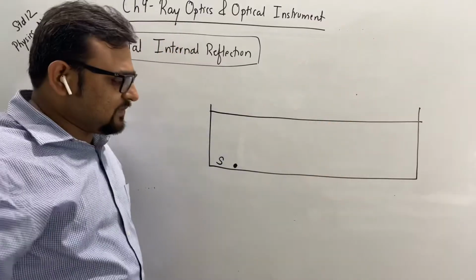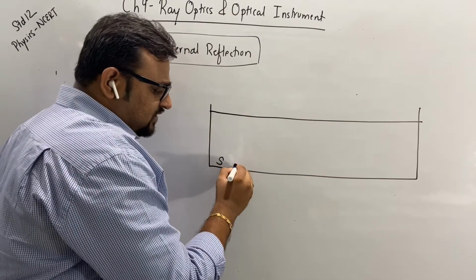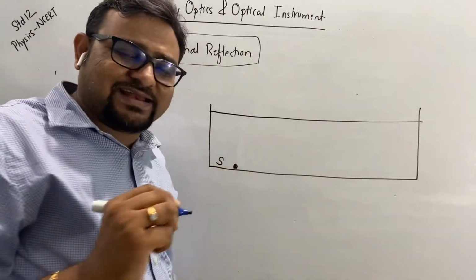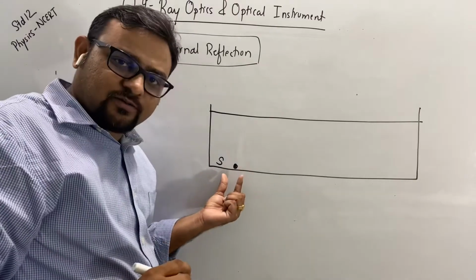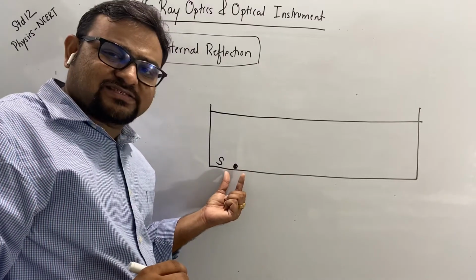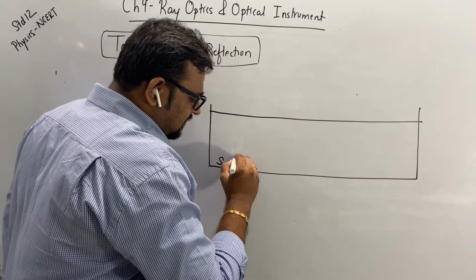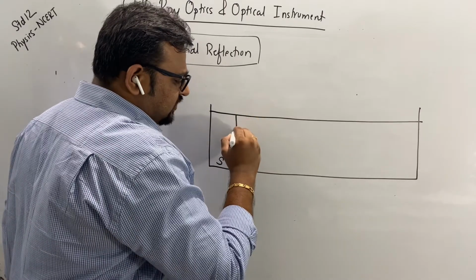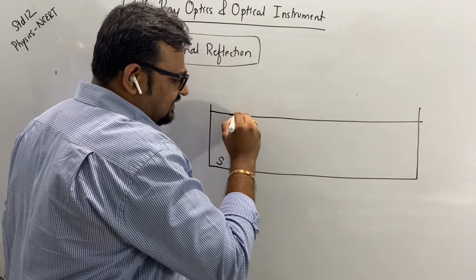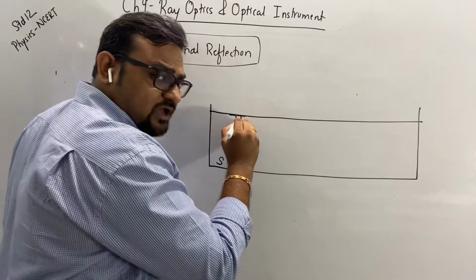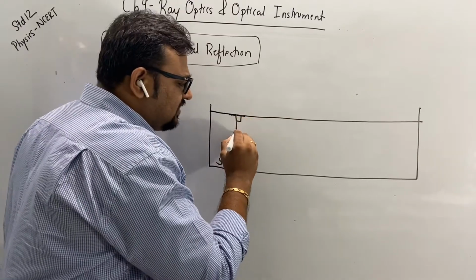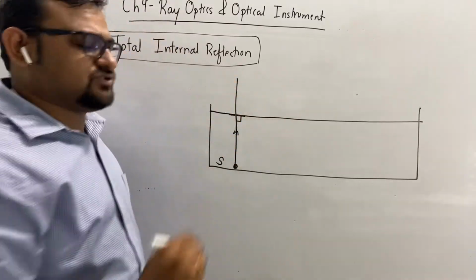So how does this happen? See now, let's take that a source of light is inside the water. So this is emitting light rays. So let's take the first example. The ray which is coming this way, exactly 90 degree, means it's in the direction of normal. It will be in the same direction.